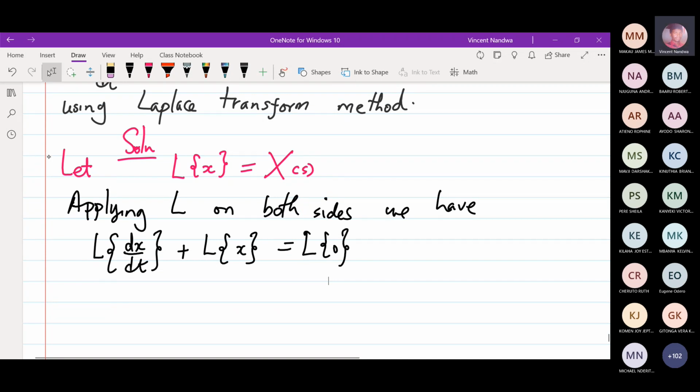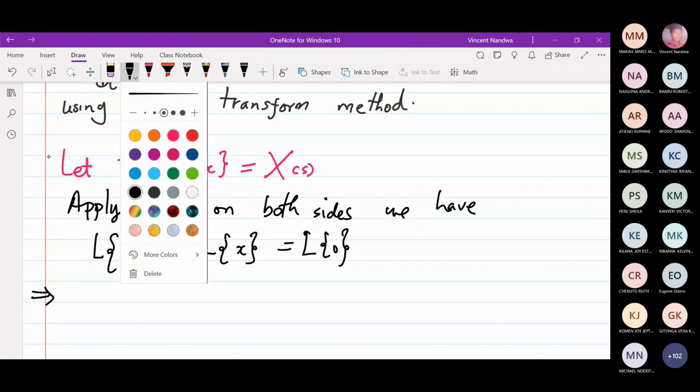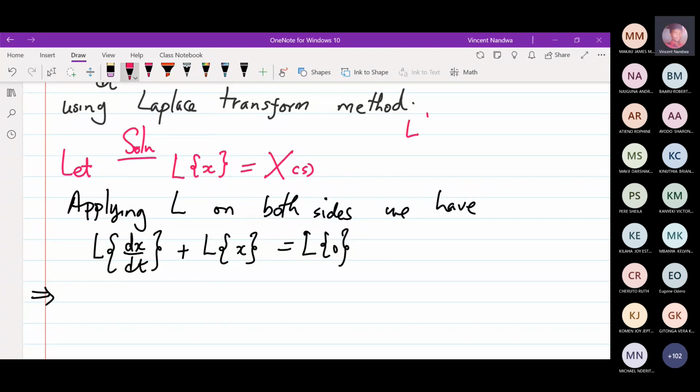Just check your book. What was the Laplace transform of f prime given as? s capital F of s minus f at 0.